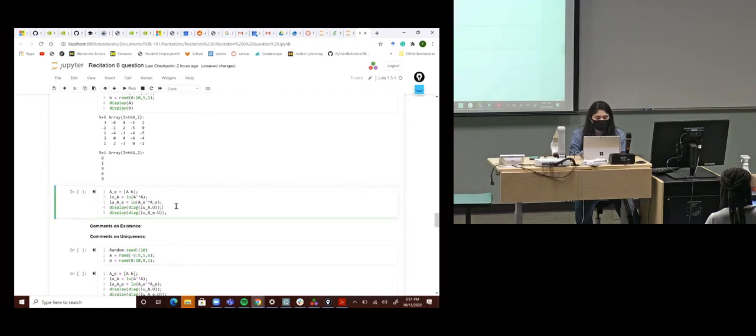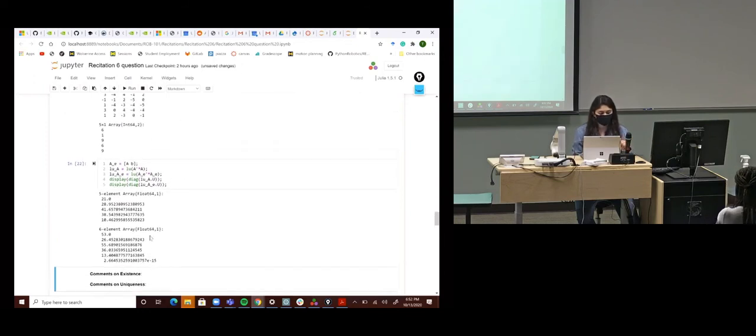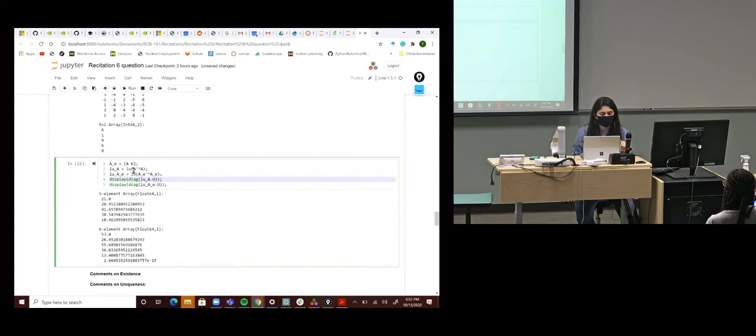We look at the same thing that we did before, but this time we're going to observe the uniqueness as well. We did the exact same method, and the beauty of this analysis is that we don't have to do anything new after checking for existence, because we just note here that the U I got from the LU decomposition of A transpose A has no zeros on its diagonal.